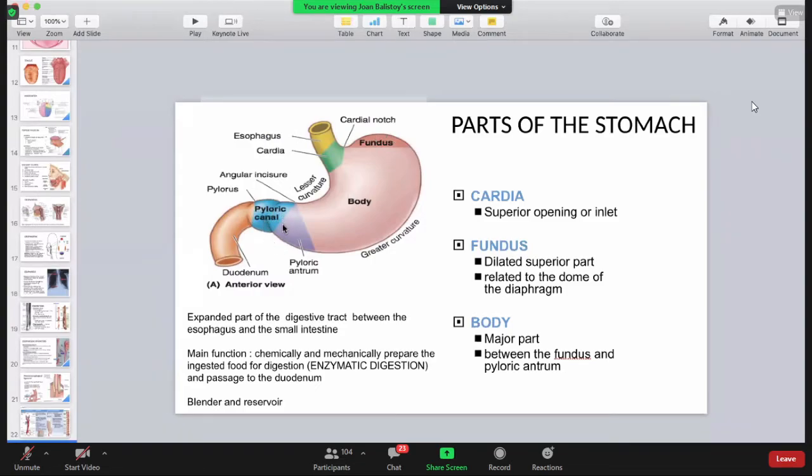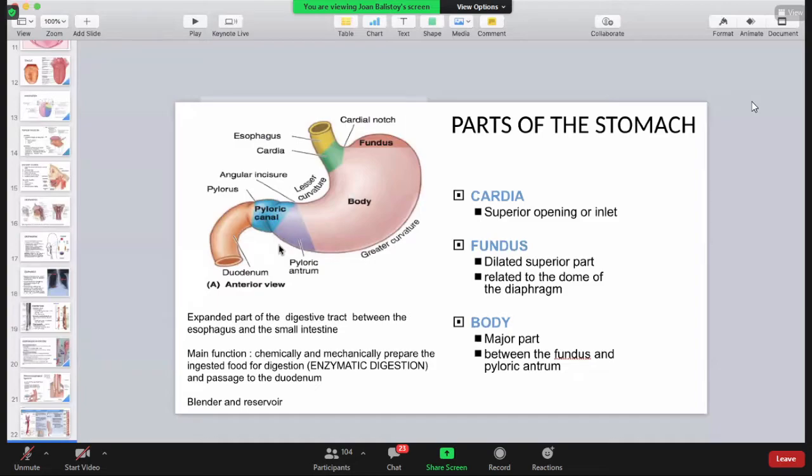All right. So the stomach is said to be an expanded part of the digestive tract, which mainly functions for chemical and mechanical preparation of your ingested food for digestion. It serves like a blender or a reservoir. Okay?